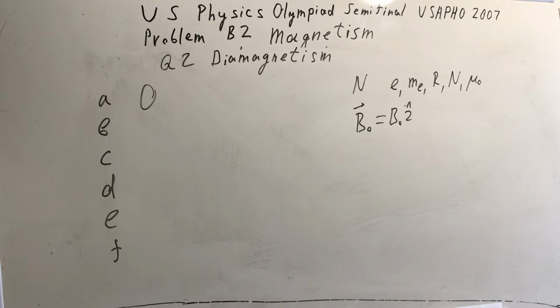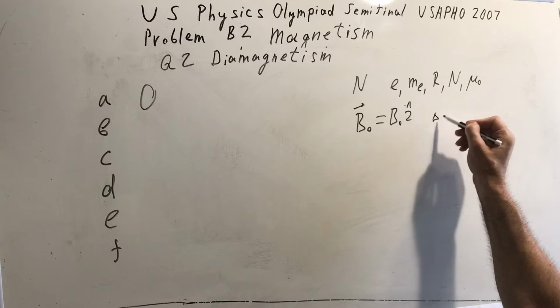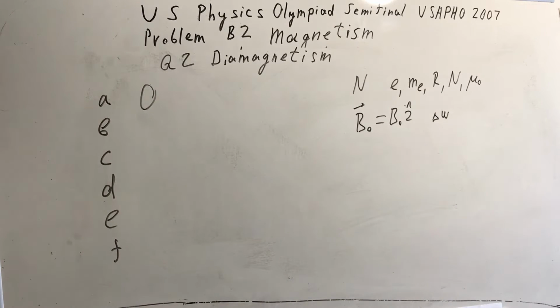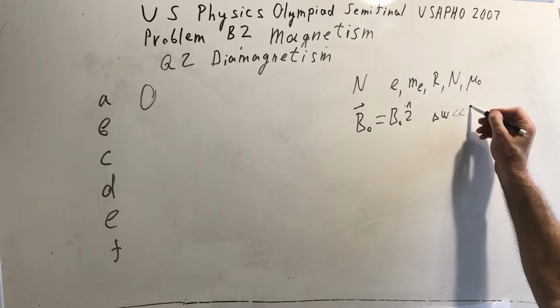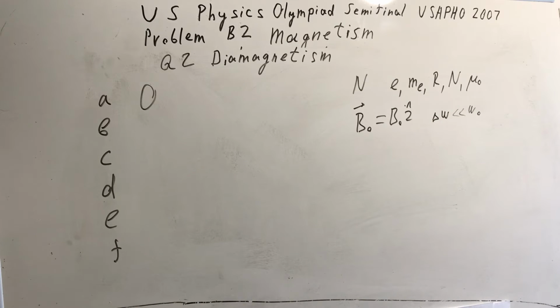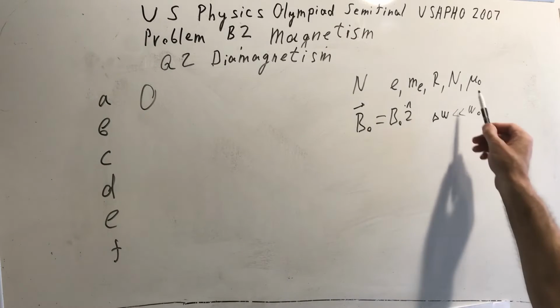Determine delta omega, the change in angular velocity of the electron for both the clockwise and counterclockwise orbits. Throughout this entire problem, you can assume that d omega is much less than omega 0. And write your answer in terms of this only.